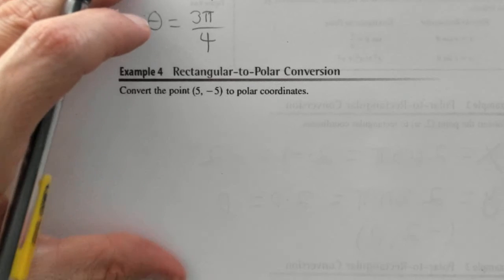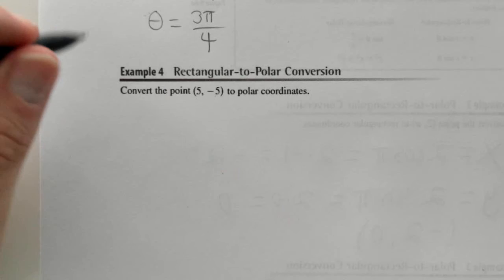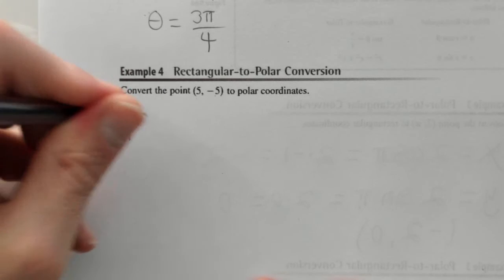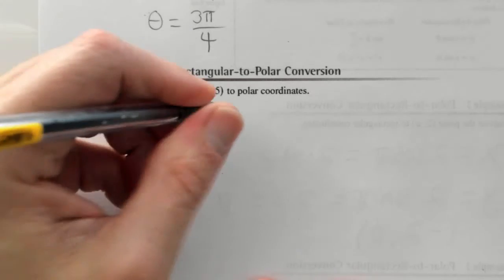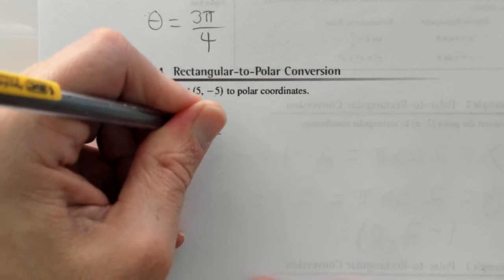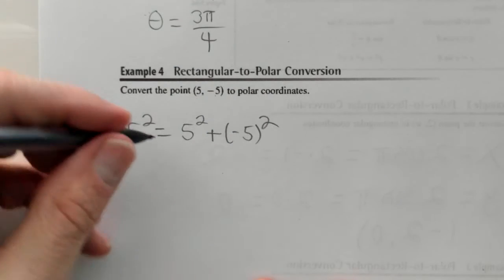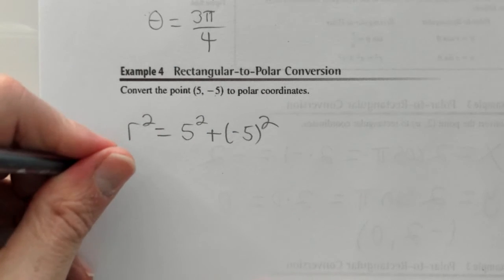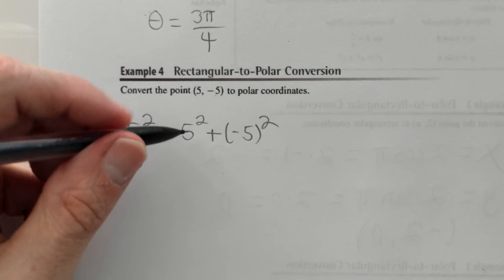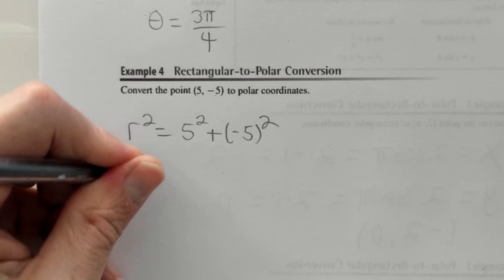So I want to convert this point now, 5 comma negative 5, to polar coordinates. Well, let's see. We'll start with the r. So r squared is going to be equal to 5 squared plus negative 5 squared. That would be 25 plus 25, which is 50, and we'll take the square root of both sides.